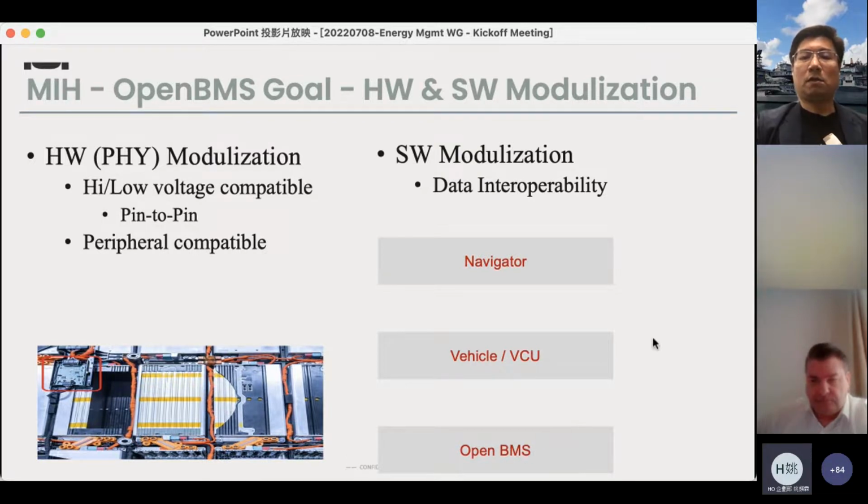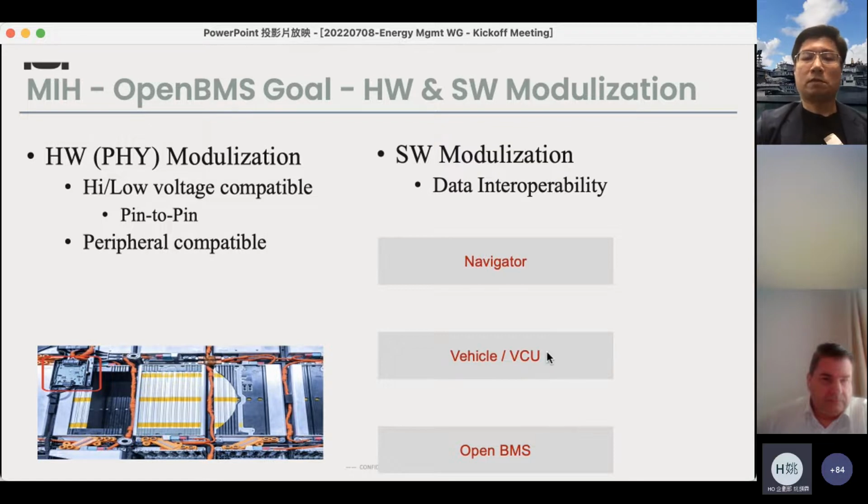It does not consider external information from the navigation, like what the road condition is, whether it is upcoming uphill or downhill. We don't have the right information to input to BMS for better estimation of the mileage or better control of the vehicles.